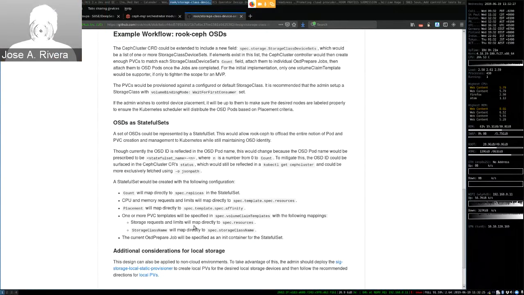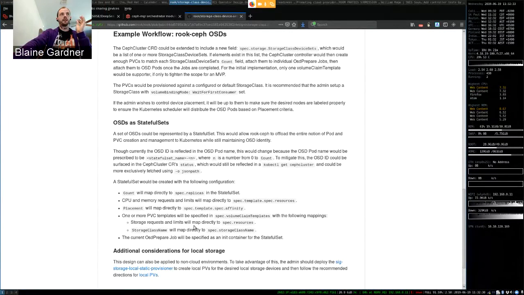Ah, I see. I think even with independent pods, I'm not sure this is an issue. Like we've already talked about the prepare job being idempotent effectively.